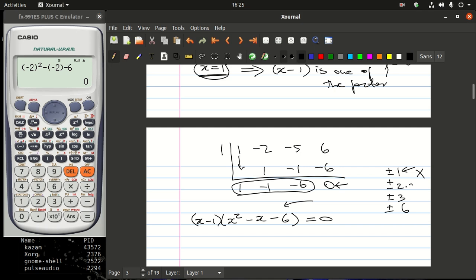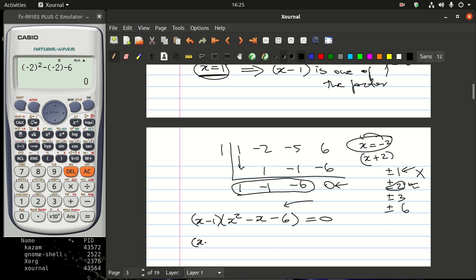So here we have minus 2 as one of the solutions. So we have x equal to minus 2. In other words, x plus 2, taking this minus 2 to the other side, becomes positive. So x plus 2 is one of the factors.